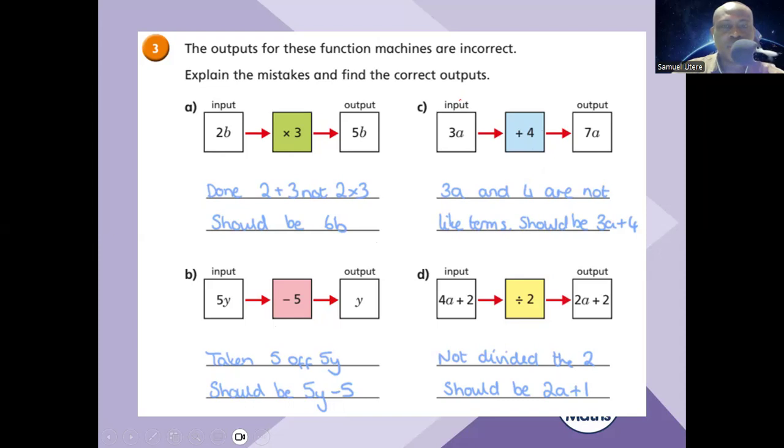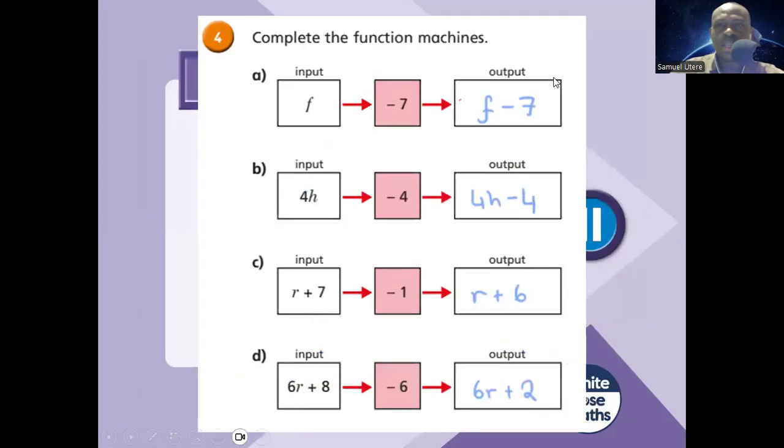Then this one will be 2a plus 1. Okay, if you remember from our previous example. Then this is the answer for question 4. Okay, we can simply just write these as f minus 7, 4h minus 4. Okay, r plus 6.